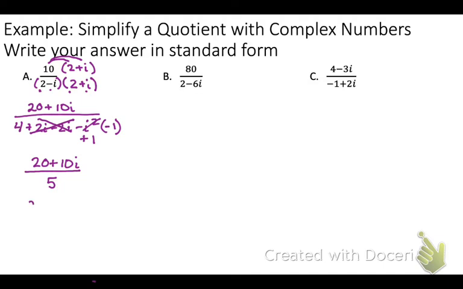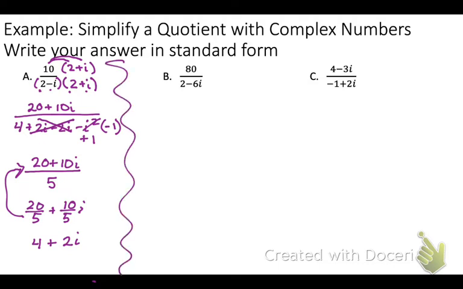Can I make it 20 over 5 plus 10 over 5i? Can I do that? Yes, because if I added these, wouldn't it give me that? Okay, so what's 20 divided by 5? 4. Plus 10 divided by 5? 2i. So that would be our answer.